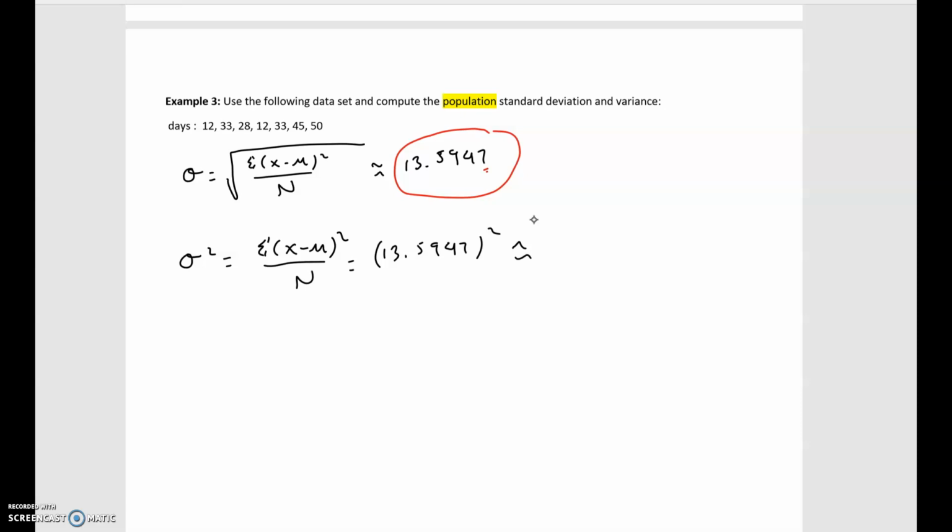I'm getting that this one gives us 184.819, to 4 decimal places as well.